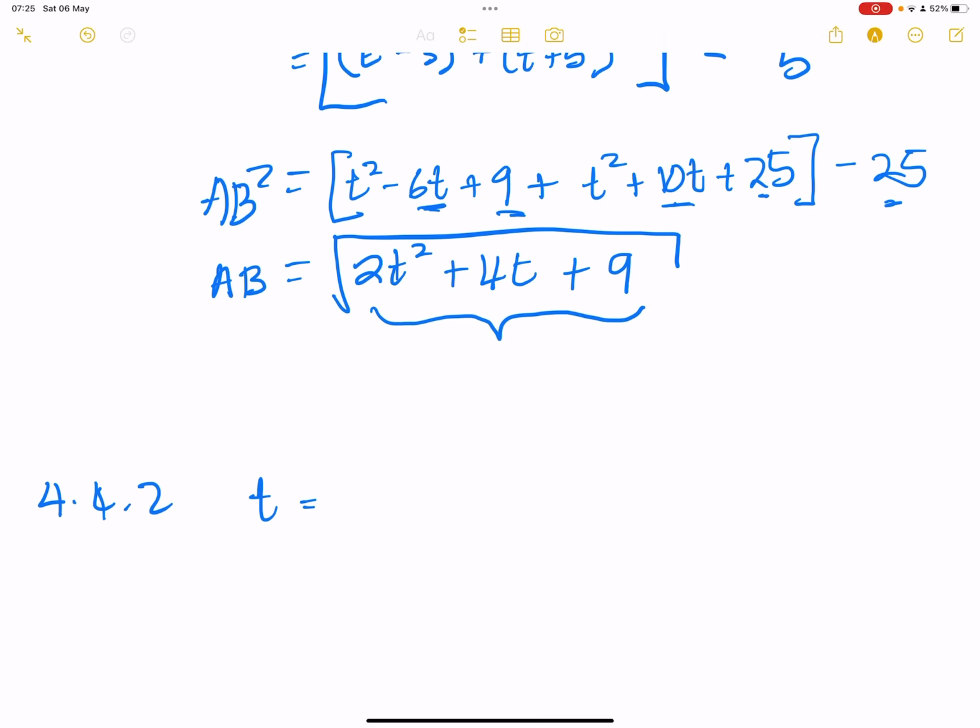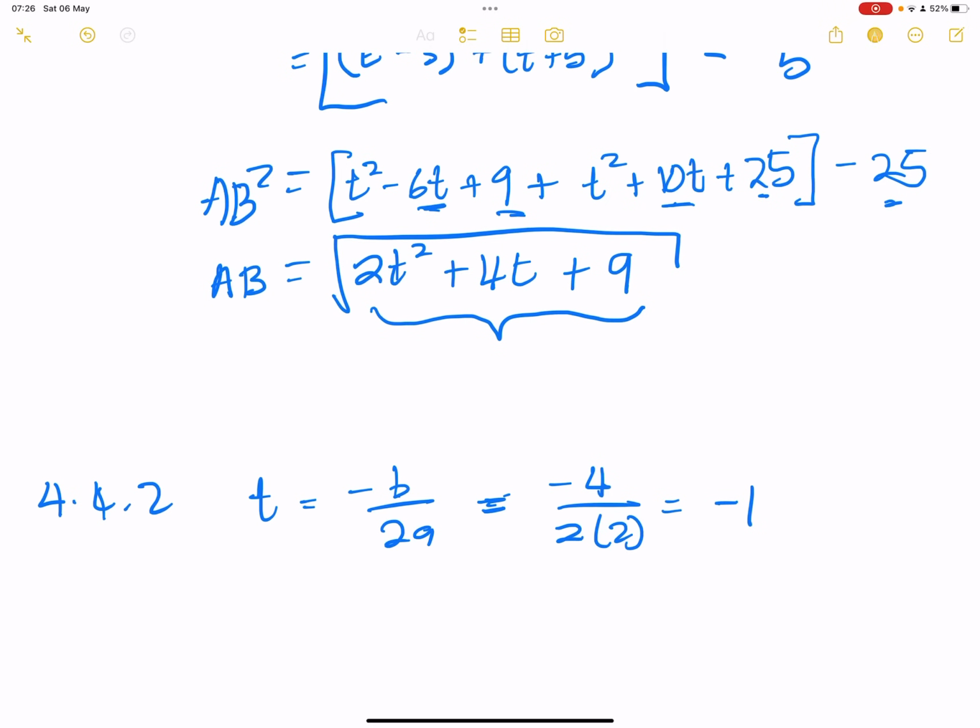So t is minus b over 2a. Our b value is 4, divided by 2 times our a value of 2, and I get -1.